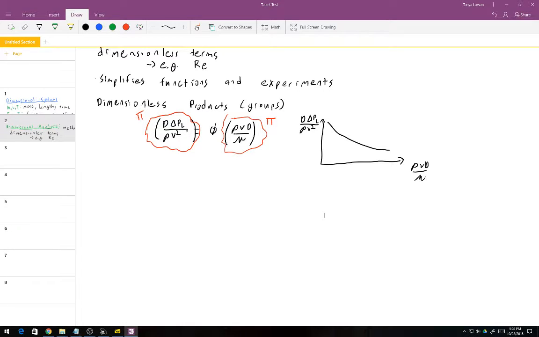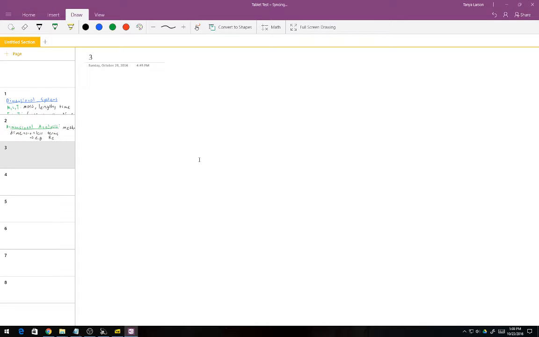The next logical question is, okay, where did these come from? Did these just spring from the ether? Did they just come down from the mountaintop? How exactly did I know to write these particular dimensionless terms? So let us look at what we will come to refer to as the Buckingham PI Theorem.